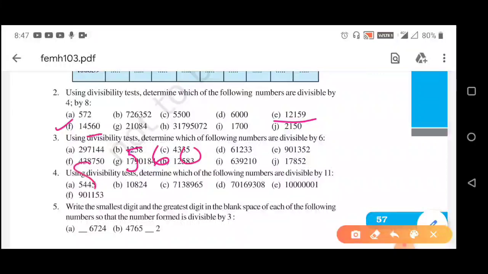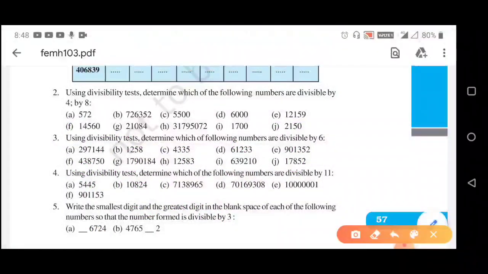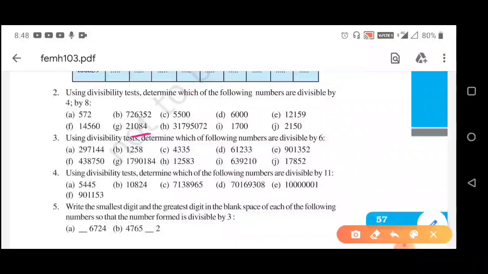Question number F, the number formed by last three digits is 560. Now it is divisible by 8, so question number F is divisible by 8. Question number G, the number formed by last three digits is 084, that means 84. 84 is not divisible by 8, that means question number G is not divisible by 8.